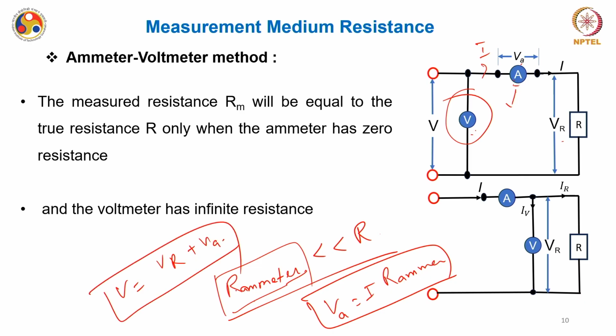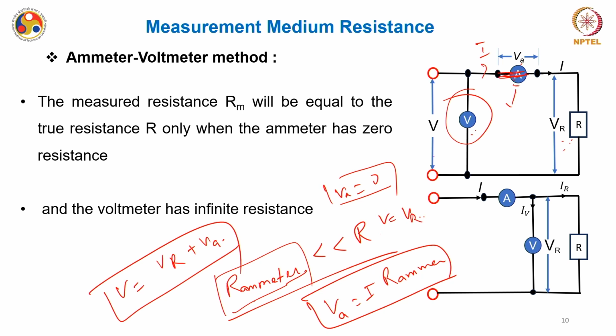Now if my ammeter is an ideal ammeter with zero resistance, I can simply replace it by a short circuit, and there is no further potential drop across it. The whole voltage is dropped across this unknown resistor, and V is equal to VR because the VA value is 0.